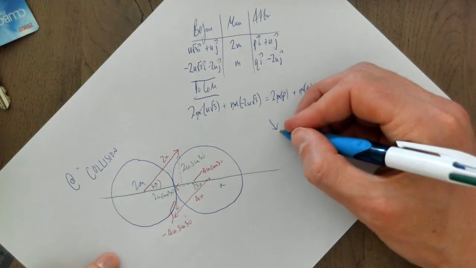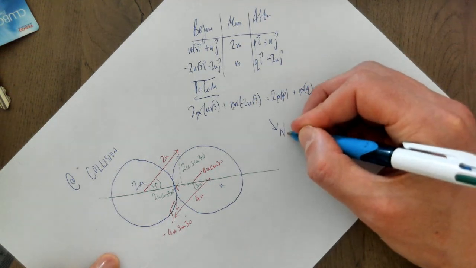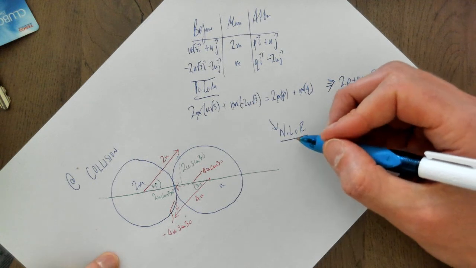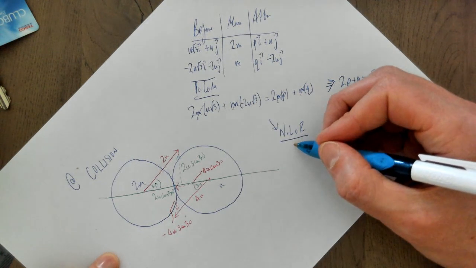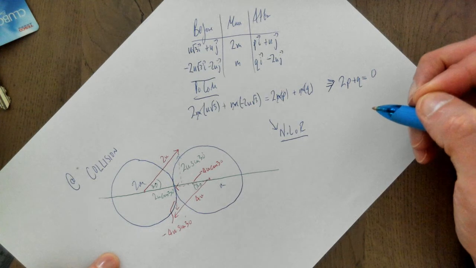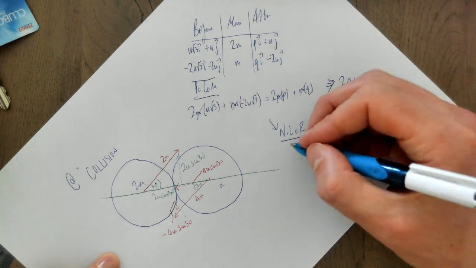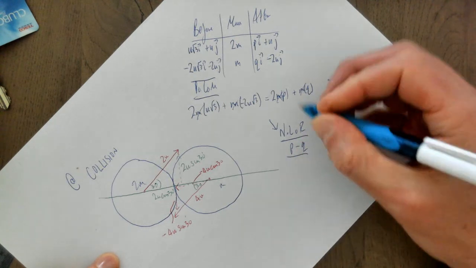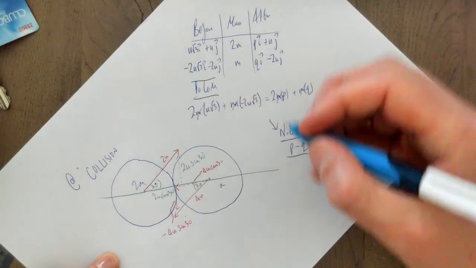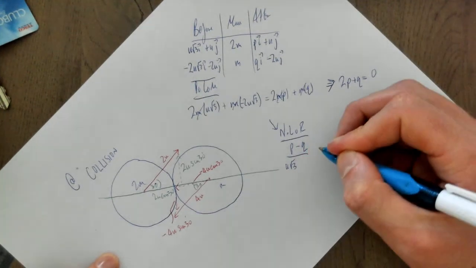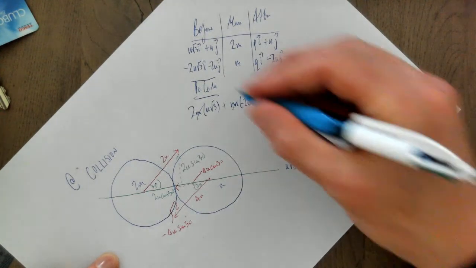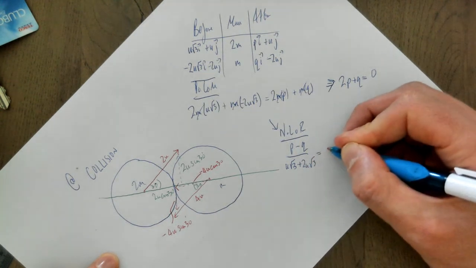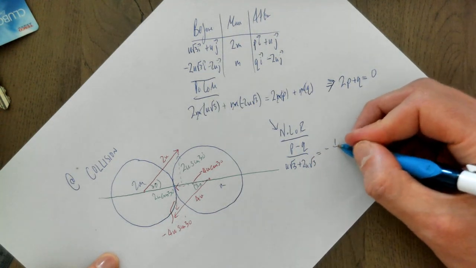Next will be Newton's law of restitution. So speed after over speed before is equal to minus e. Remember that? So p minus q over u root 3 minus minus 2u root 3, which is plus 2u root 3, is equal to minus, and this is given in the question as 1 over root 3.